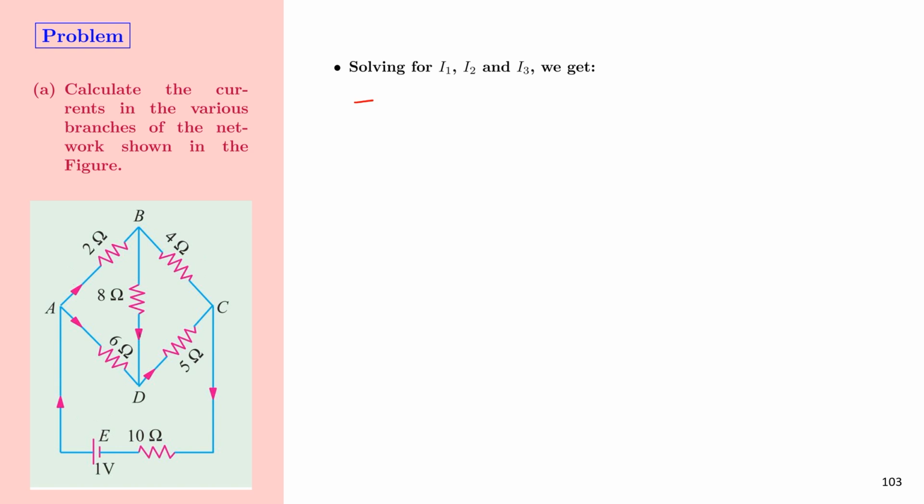When we solve, we get I1 equal to 0.494 ampere, I2 equal to 0.0229 ampere, and I3 equal to 0.0049 ampere.